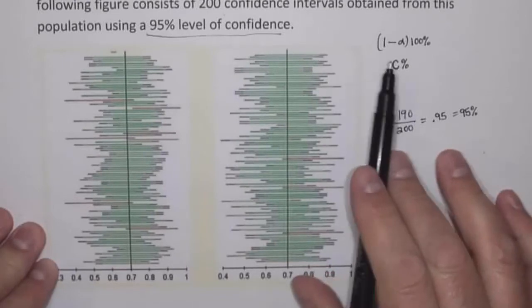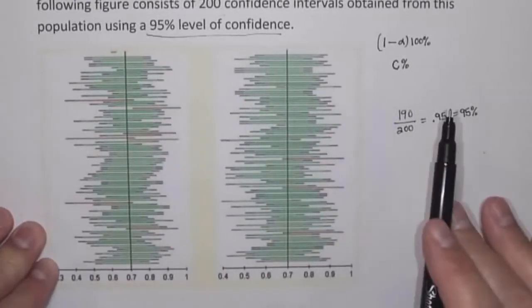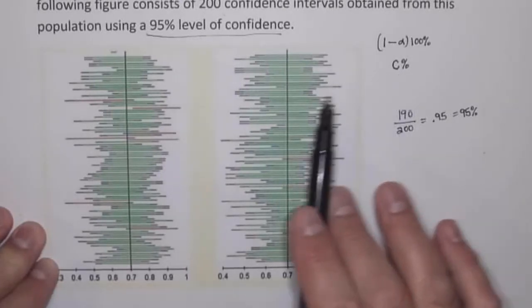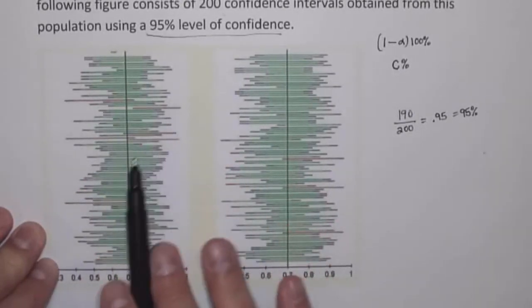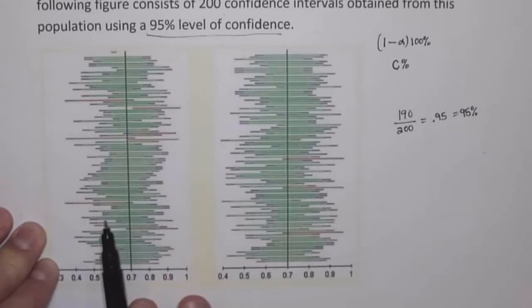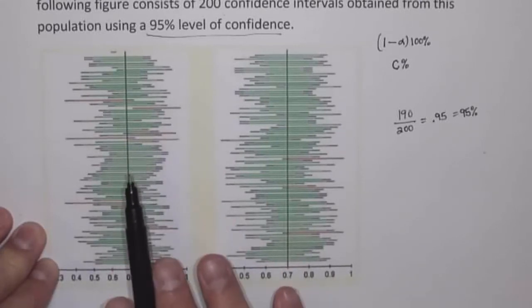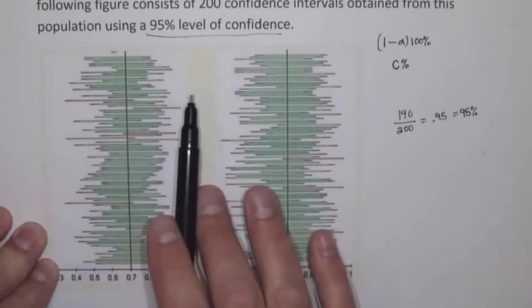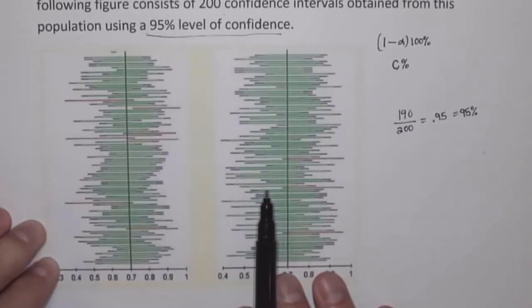So that would represent my 95% or my 90% or whatever. So again, if I'm using a C% level of confidence, then C% of the time, my statistical methods are going to give me an interval that actually contains the parameter. But then, of course, that means that 100 minus C% of the time would be giving me an interval that doesn't contain the parameter.